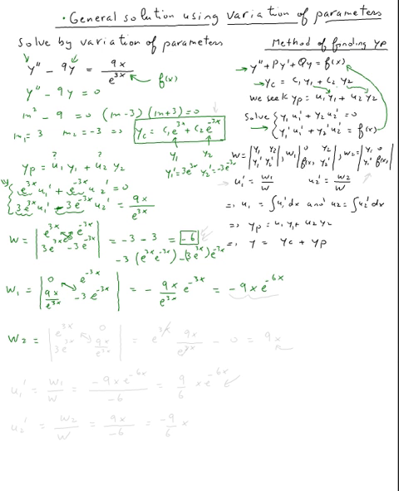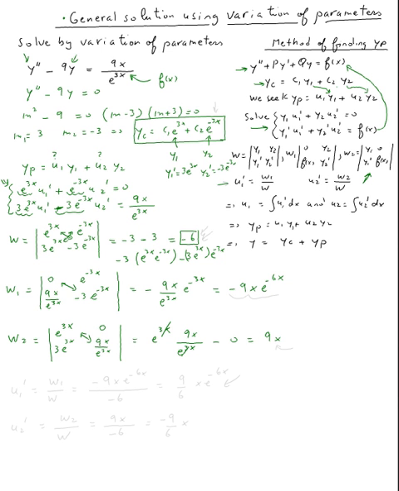Now W2: this time the 0, f of x goes on the right side, so the left stays y1, y2, and then this will be 0, f of x. Multiply this first, so e to the 3x times 9x over e to the 3x, minus 0, so you get 9x.